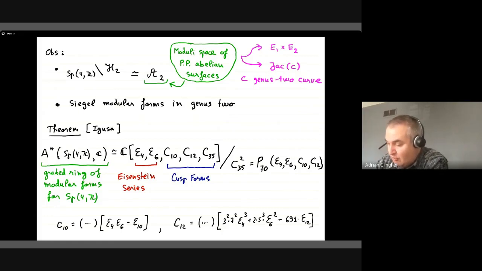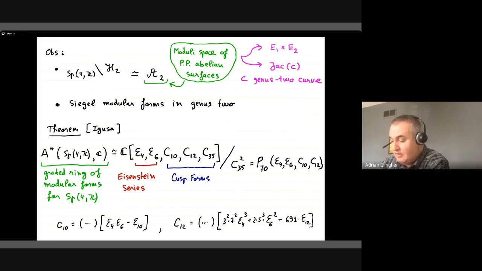So just to summarize what's going on, you can get a space of periods that is 3-dimensional in this situation, connected with principally polarized abelian surfaces, and the period map can be described in terms of Siegel modular forms.